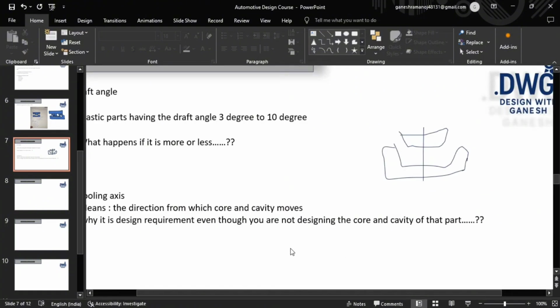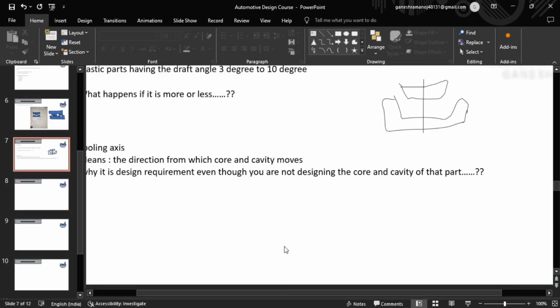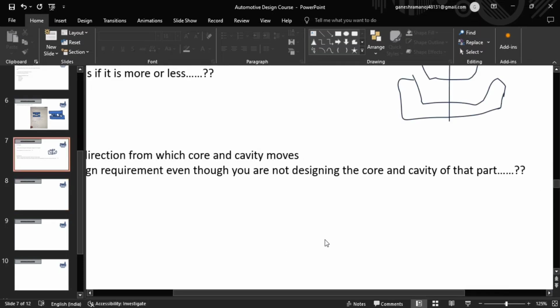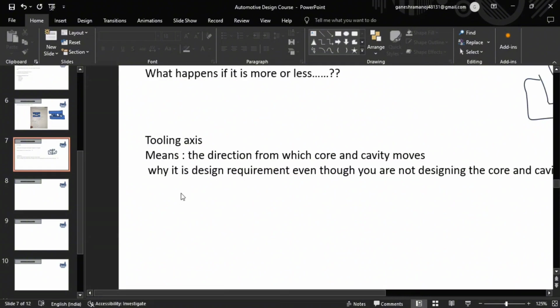Now you have a basic idea of what the tooling axis is, and we can answer that question at the end of this tutorial. The next question you will have is, how can we create a tooling axis?